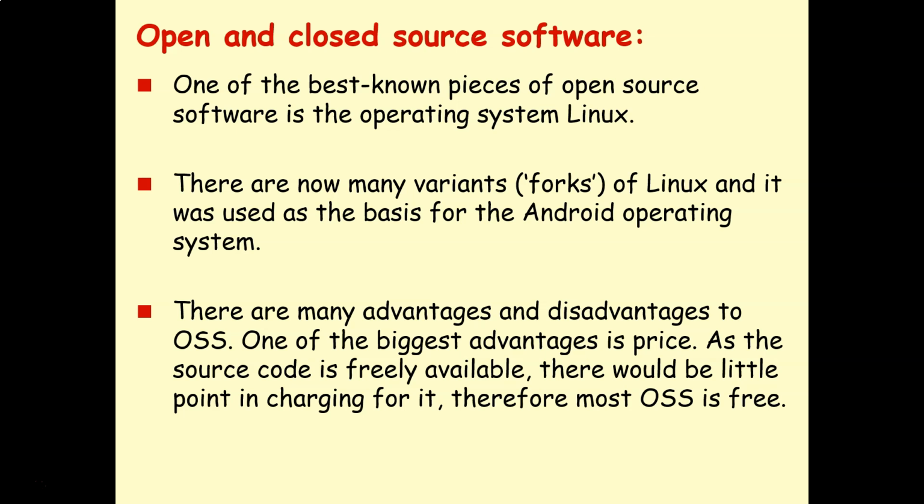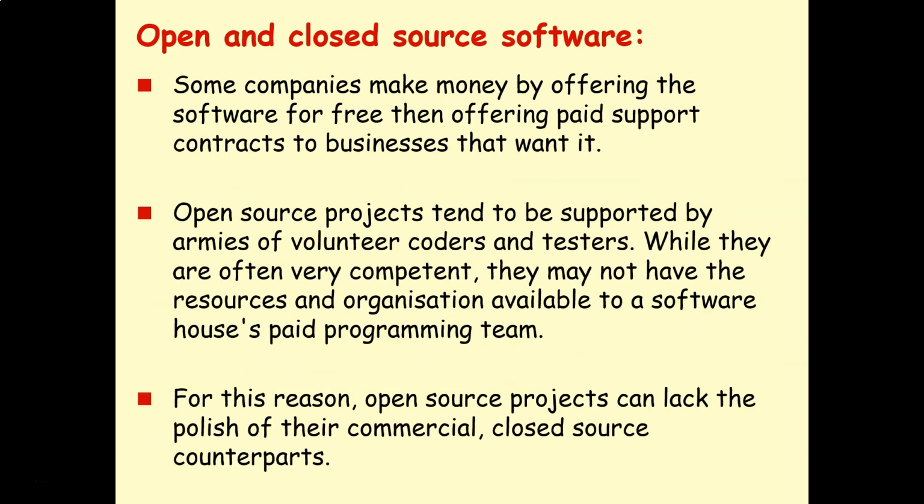There are many advantages and disadvantages to using open source software. One of the biggest advantages is the price. As the source code for open source software is freely available, there's usually little point in charging for a copy of it. Therefore, most open source software, but not all, is freely downloadable. However, don't think that you can't make money from open source software.